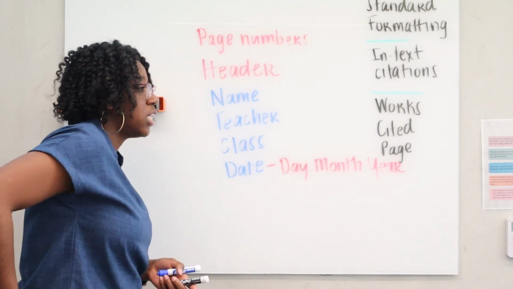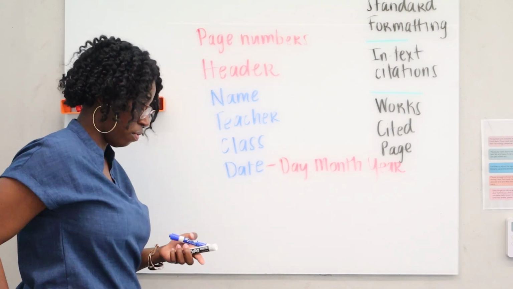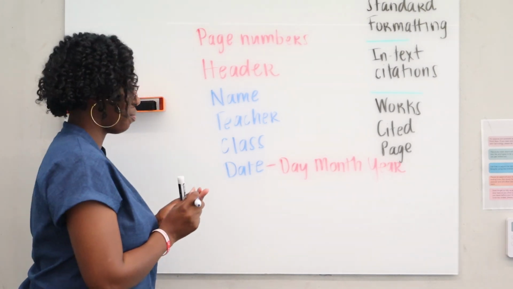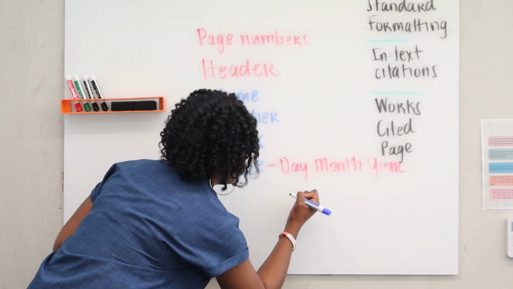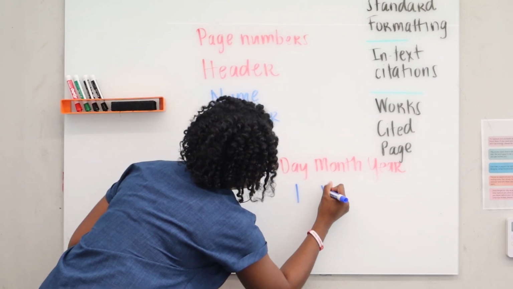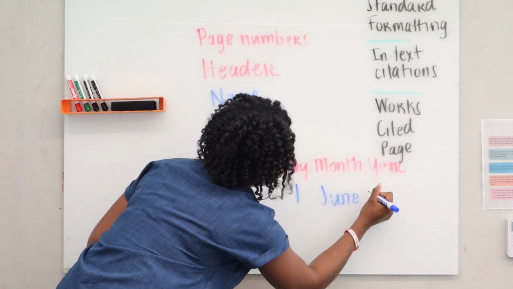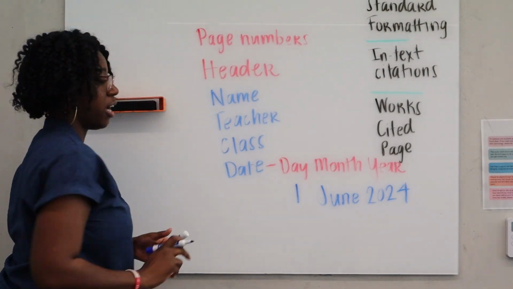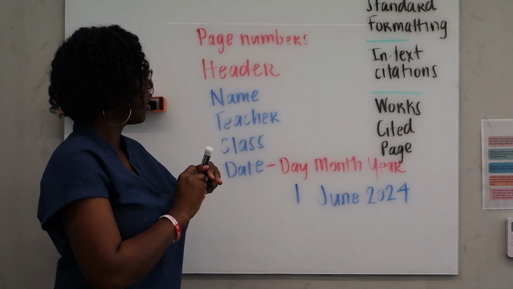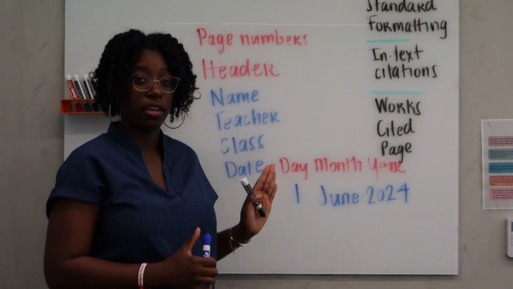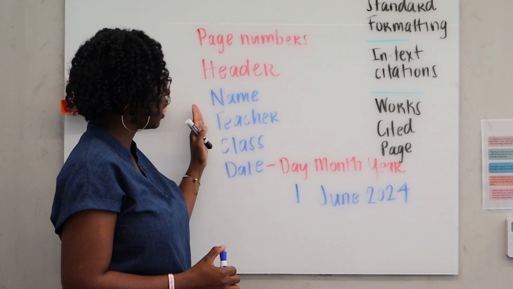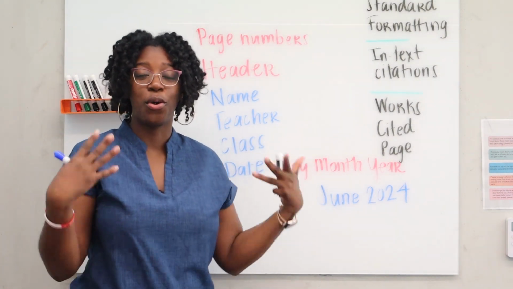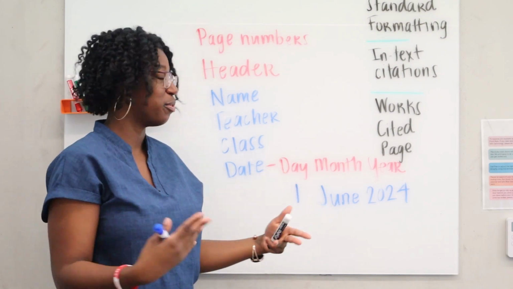So let's say it is June 1st. We're going to put 1 June 2024. Exactly like that. So this is how you will format your header. This is the first thing that we're going to put on all of our assignments. We always want to make sure we know who the assignment belongs to, okay?